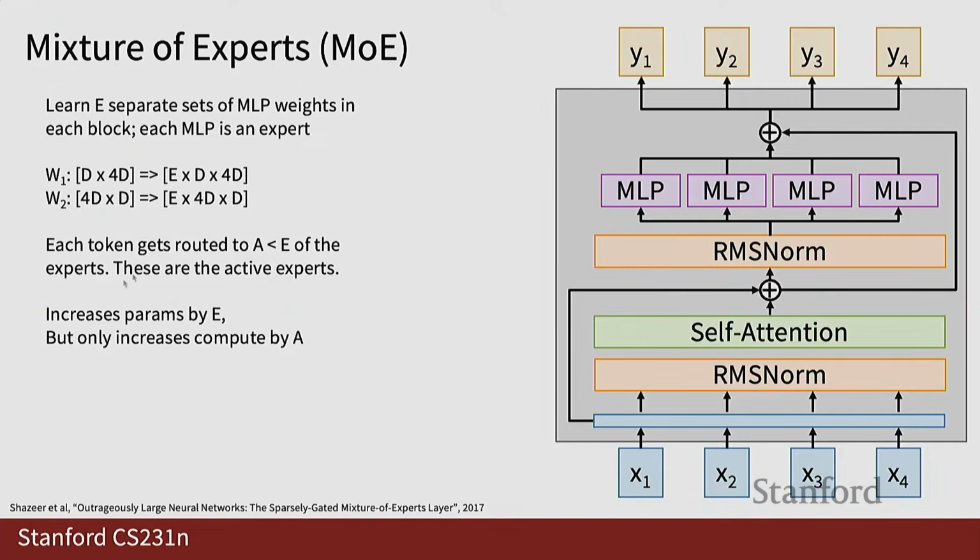In this way, we have A active experts, and what it does is increase the number of parameters, which helps learn more robust models without increasing the compute too much. And these are all parallel MLPs, so we can have multiple experts in parallel.